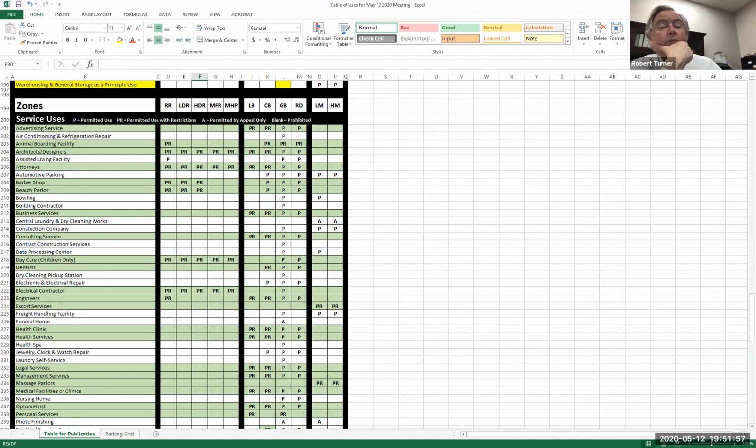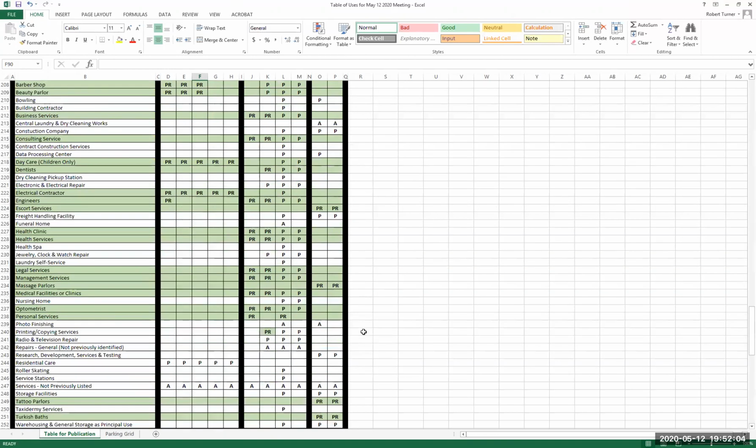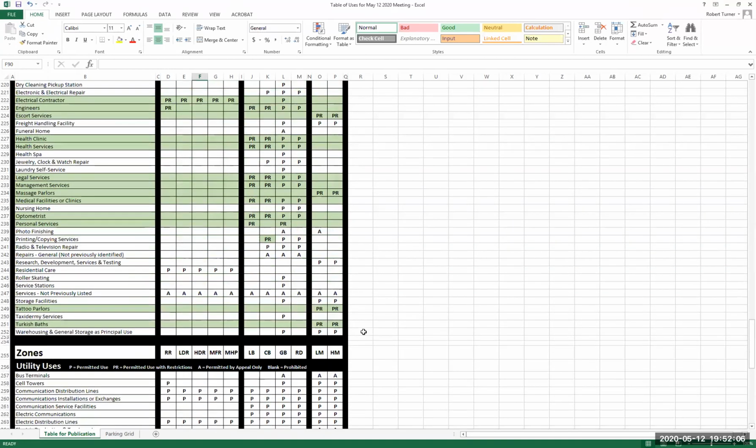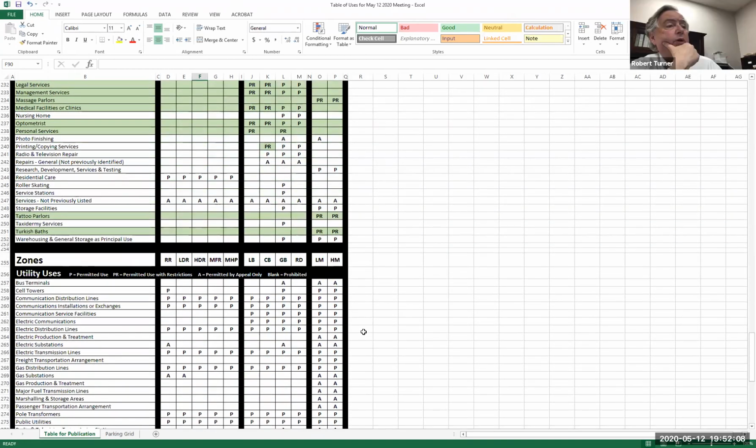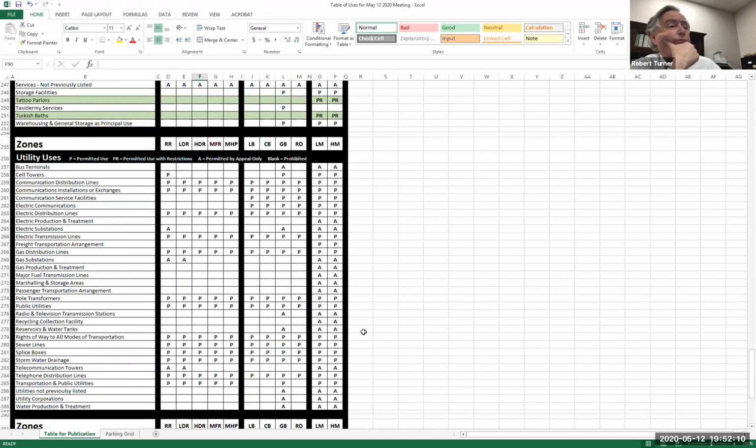So how close are we getting? It's looking good. Mayor, do we want to put all those utilities in there?